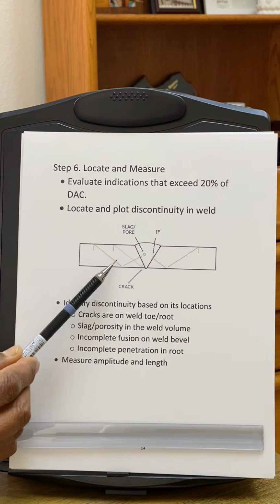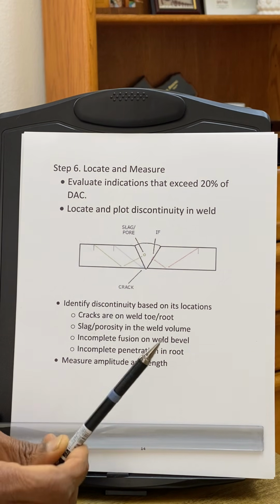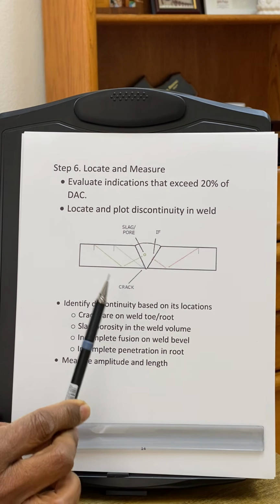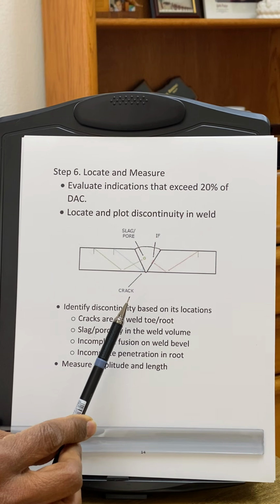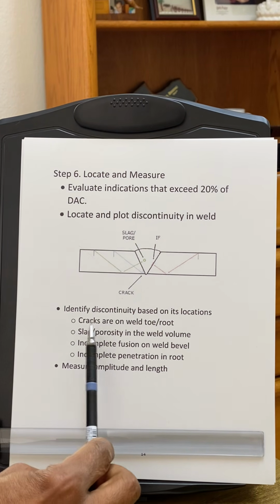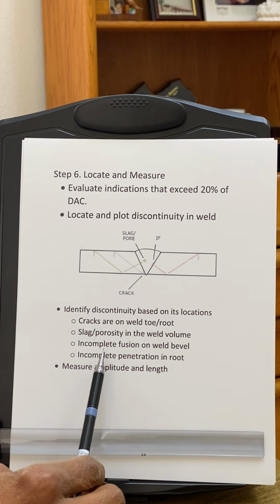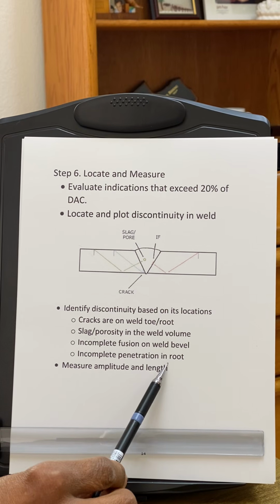If we see it in the second leg, the sound goes here and it goes here and it's here, then it's a toe crack. So depending on the location of the indication, we can identify the indication and characterize it. So again, cracks are on the weld toe and root, slag and porosity inside the weld volume, incomplete fusion on the weld bevel, incomplete penetration in the root.